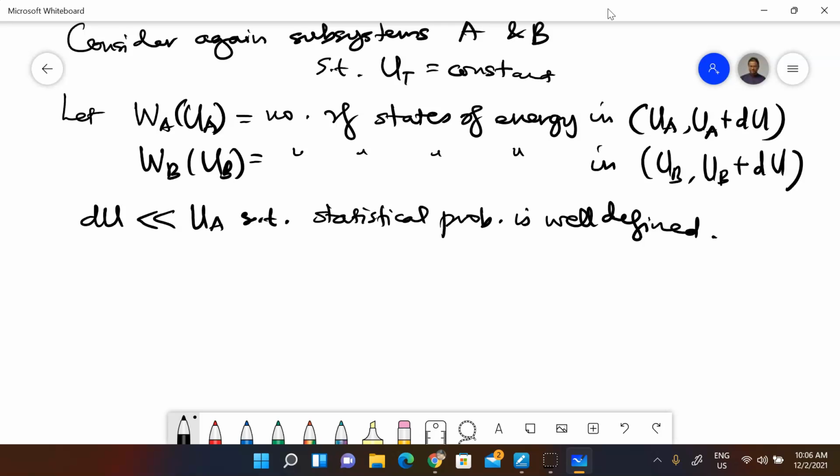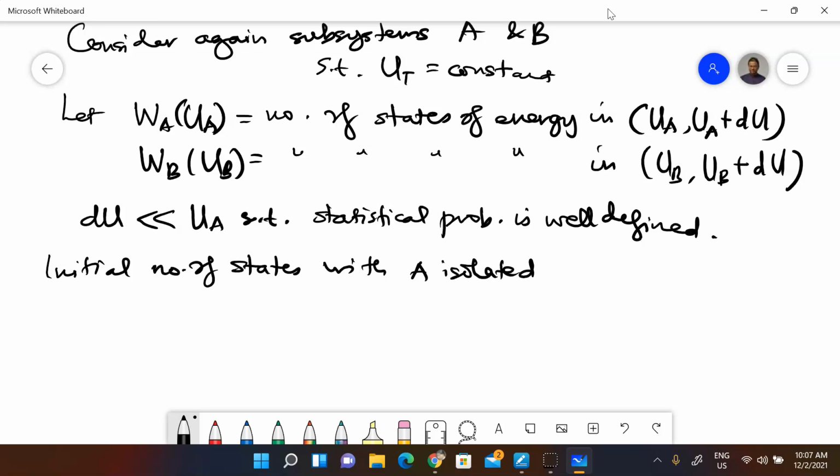So the initial number of states with A isolated from B will be just, to show that this is initial, there will be a superscript I there, so it corresponds to the initial number of states.